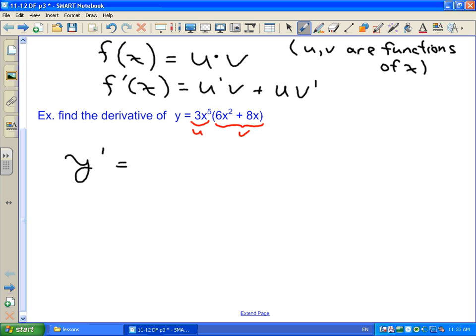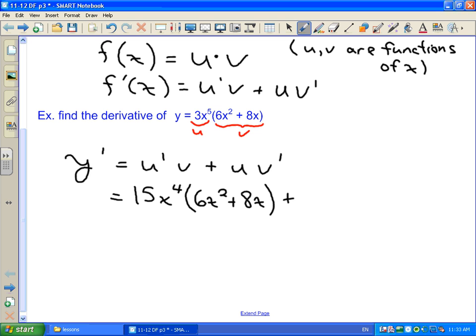We'll write it out in detail this time. We've got y primed is going to be, just like we have up above, u primed times v plus u times v primed. So we just work out the derivatives of these individual little functions. The derivative of u, u primed, is going to be, we bring down the 5 to get 15x to the power of 4. And then we multiply it by v, which is just 6x squared plus 8x.